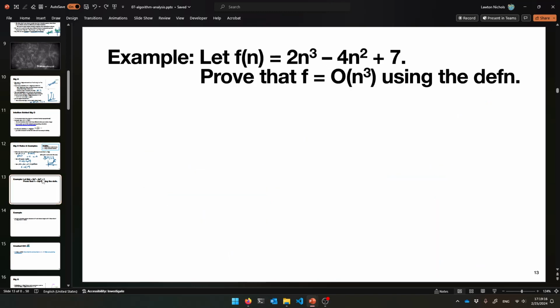Well, let's prove it using the definition. So let's see here. How do I want to show this to us? An easy way to find a constant that will work, because you just need to find one.